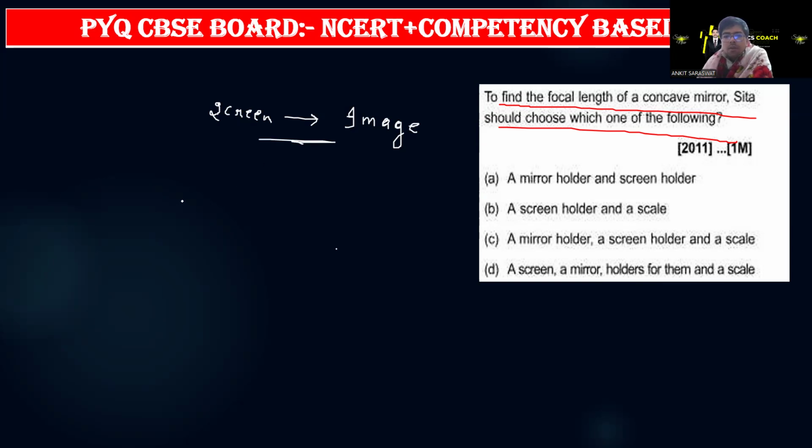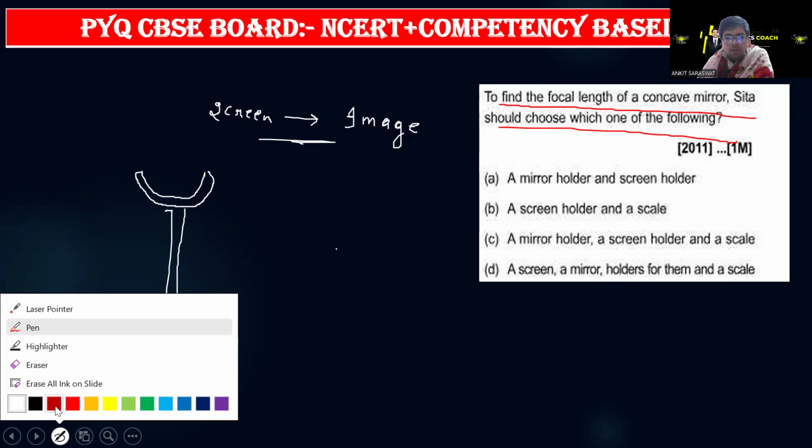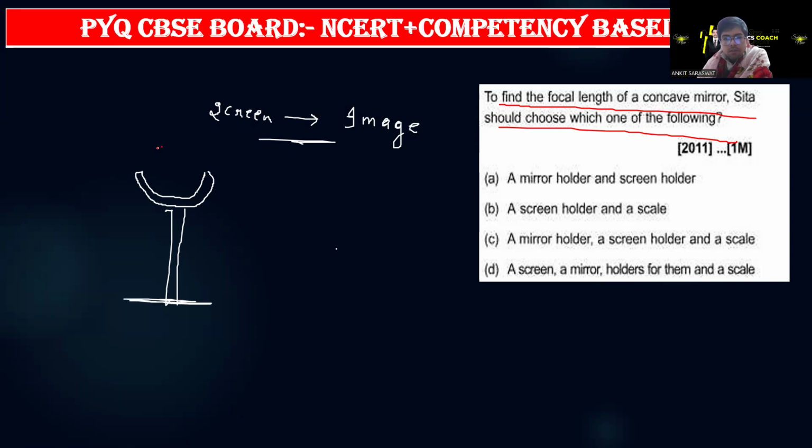One holder. The holder is just like this, a mirror holder, just like this. At the base it is fixed. In this we are fixing our lens, just like this. This is our lens.